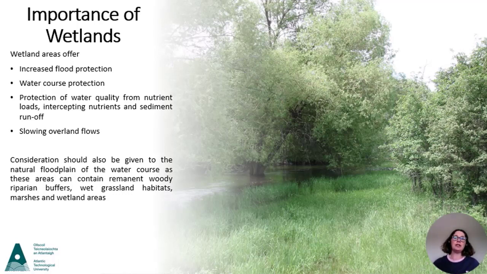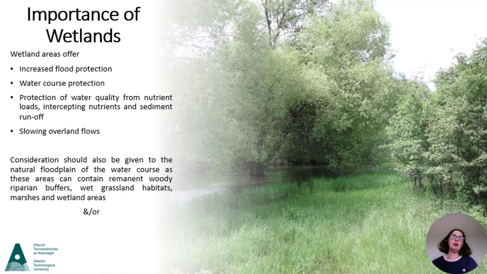They can also contain remnant woody riparian buffers, wet grassland habitats, marshes and wetland areas. So sometimes these might already be existing on the farm, but with a little bit of help could become very nice habitats and certainly go forward to increasing your positive indicator species list for both wet grassland and for woody or woodland areas.